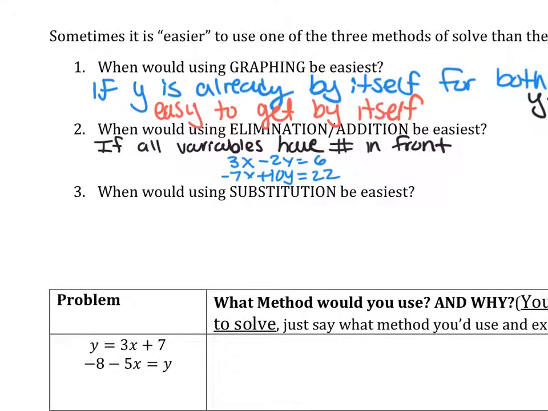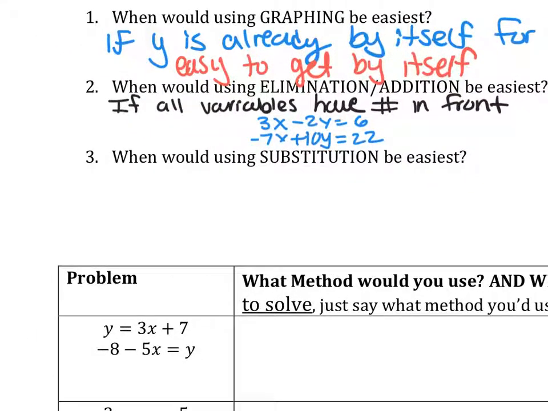And then using substitution would be easiest if it's easy to get one variable by itself. For graphing, you need to have y's be easy to get by themselves. With substitution, as long as there's at least one variable alone, then substitution would work.